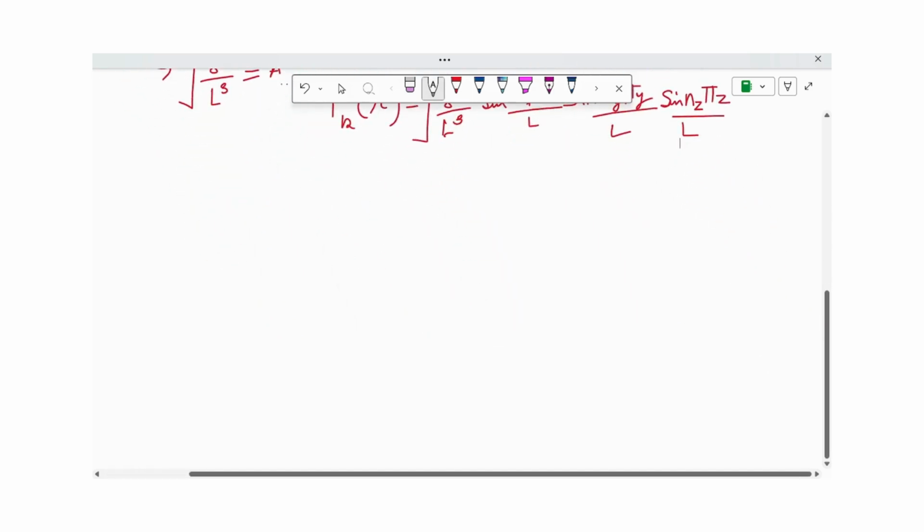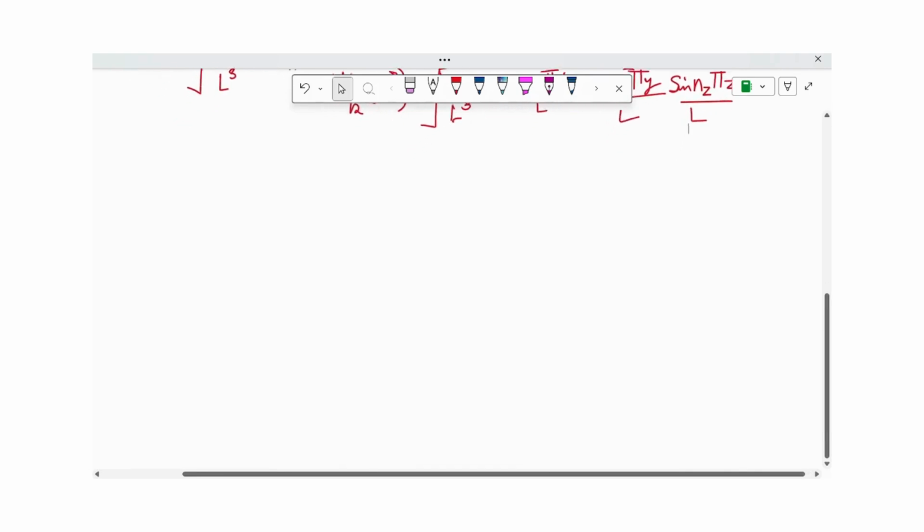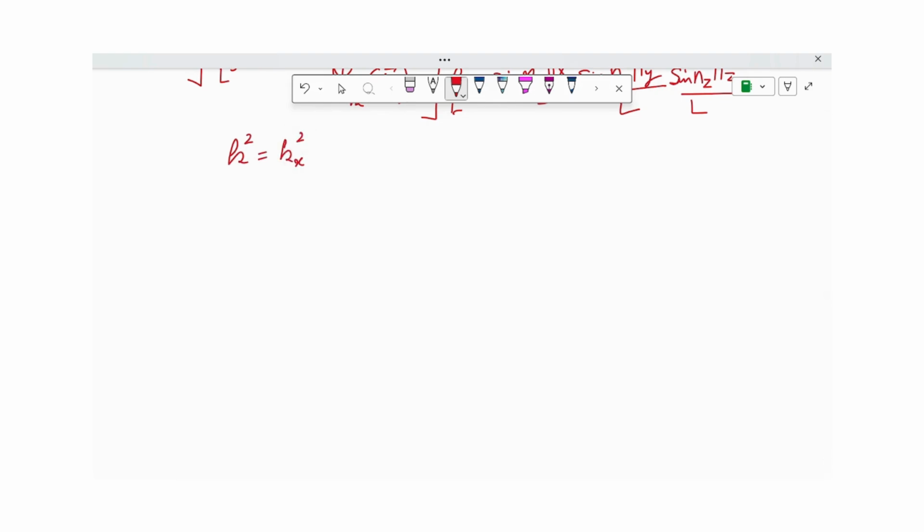Next, we can also write that k square is equal to kx square plus ky square plus kz square.